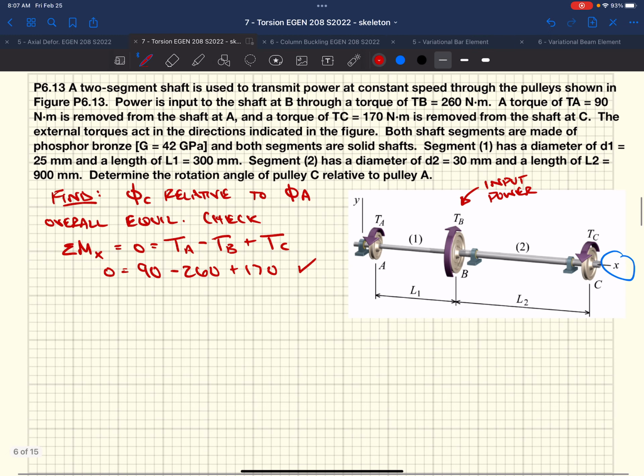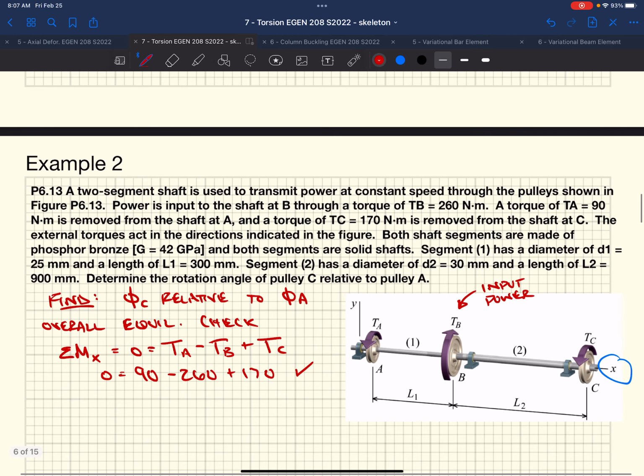Well, in order to find the rotation, our equation for rotation, phi, is the torque times the length divided by the shear modulus times the polar moment of inertia, right? If we're trying to figure out the rotation angle phi, we need to know all of those things for each of our shafts: the torque, the length, the shear modulus, and the polar moment of inertia.